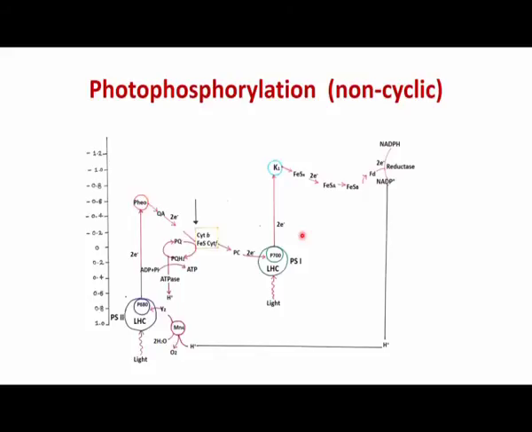this is actually the regular mode of photophosphorylation, where both photosystem 1 as well as photosystem 2 are working together in accordance with each other. And in this system, because both photosystems are involved, the non-cyclic photophosphorylation system only operates when light of the lower wavelength as well as the longer wavelengths are available.